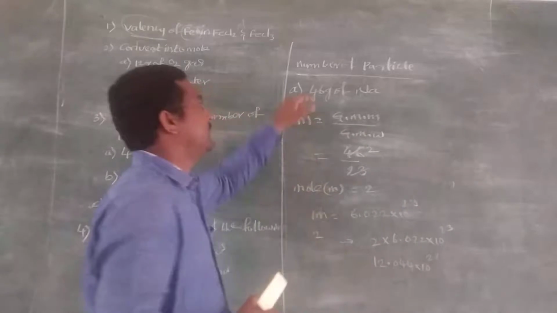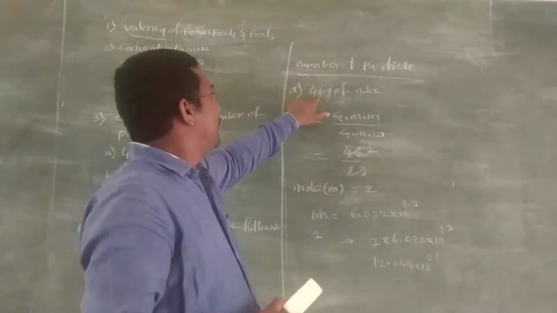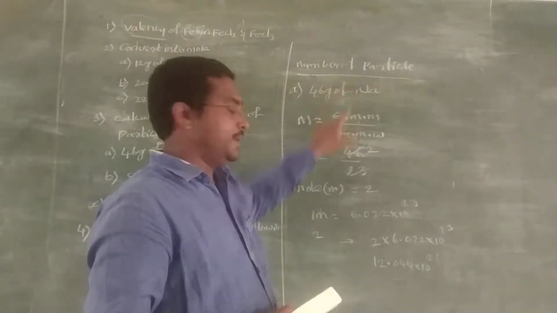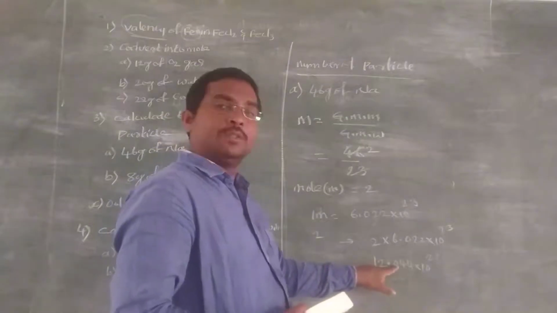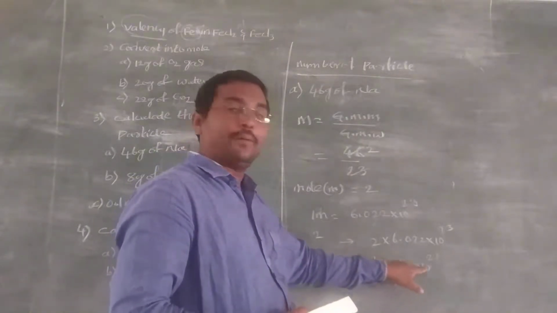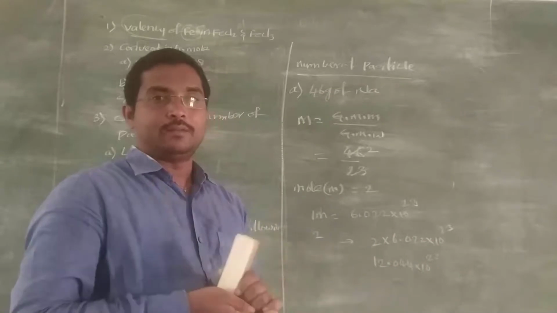So you can now say that 46 grams of sodium contains 12.044 into 10 power 23 particles.